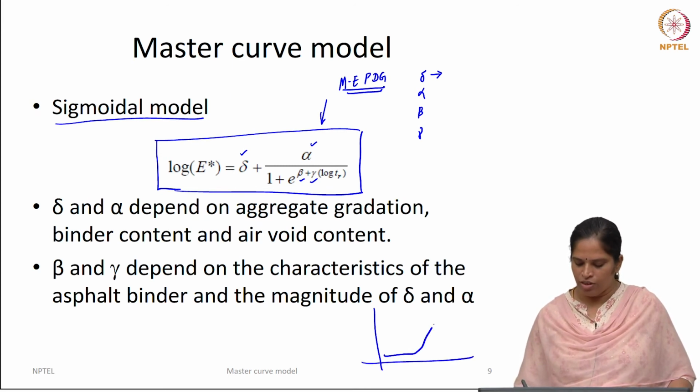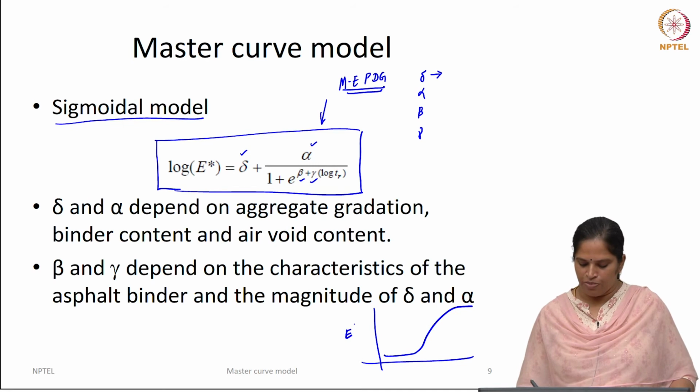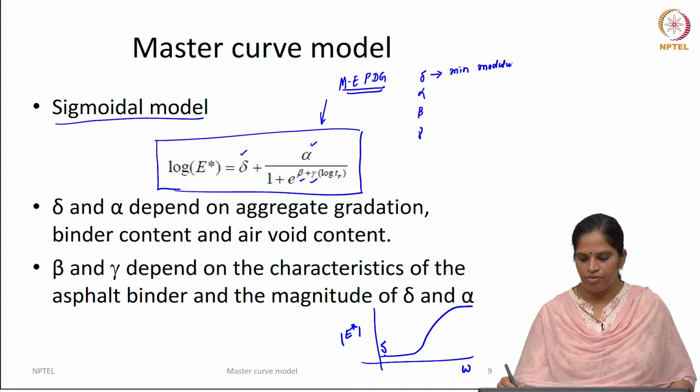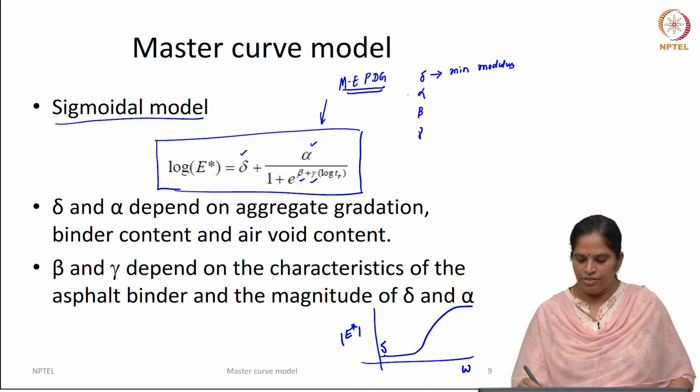This is the dynamic modulus as a function of frequency. The minimum value here is delta, the minimum modulus, and delta plus alpha together gives us the maximum modulus.